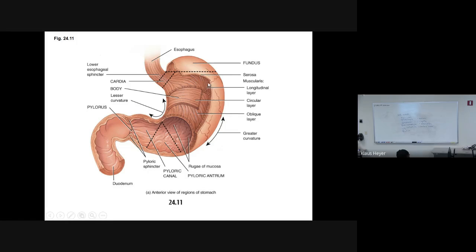So there's one layer of muscle running like this, another circling around, and then one running diagonal. It's beating this food around. Your stomach moves it, sloshing back and forth, and that's going to break up the food.